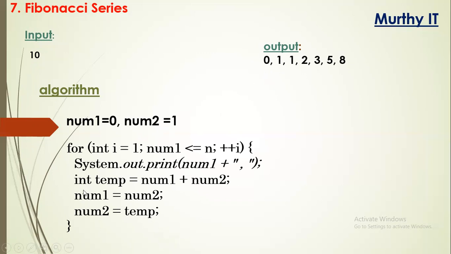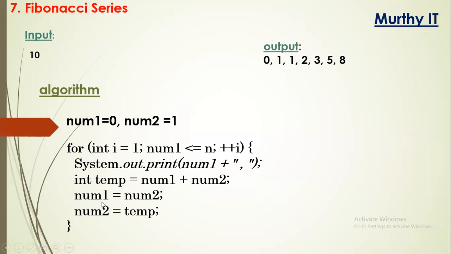Then temp equal to number 1 plus number 2 gives 1, so temp holds 1. Then number 1 equal to number 2.